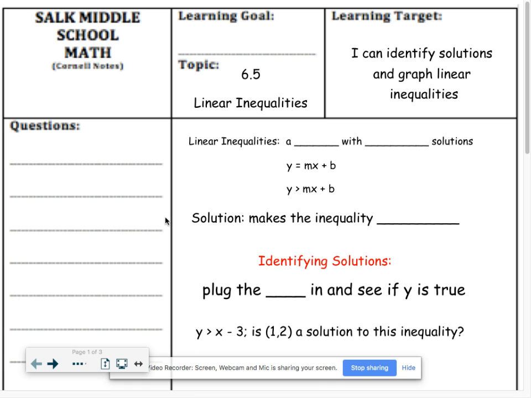So today we're going to scoop back to Unit 6, and we're going to be connecting it with Unit 5 and linear lines. In Unit 6 we had systems of equations, and eventually we're going to be solving linear systems of equations, which is really cool.